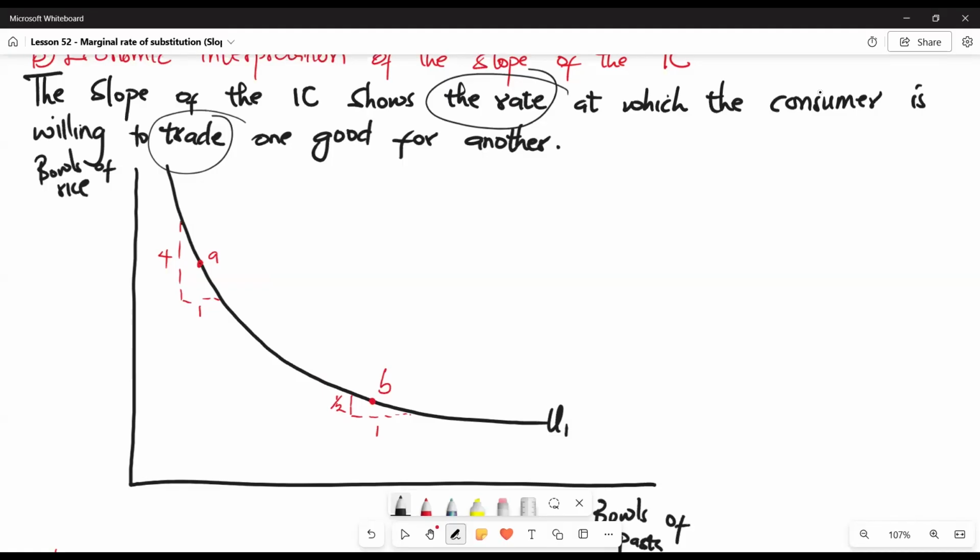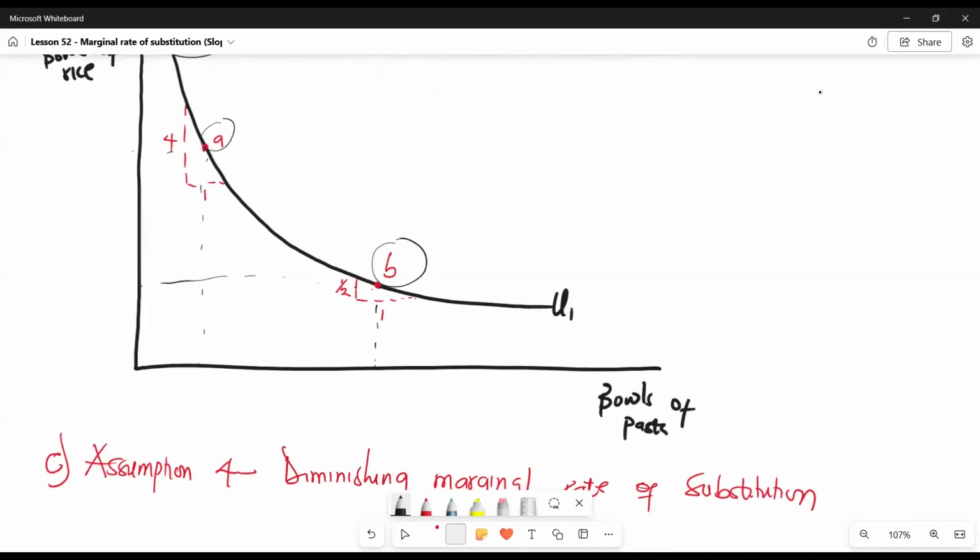So in this case, if I move you from point A to point B, because you have lost some of good Y, to be on the same indifference curve, I have to give you more of X. So that moves you from this consumption of X to this consumption of X.